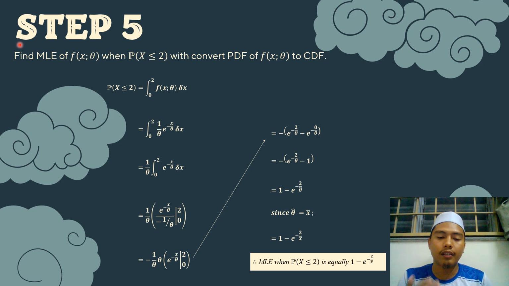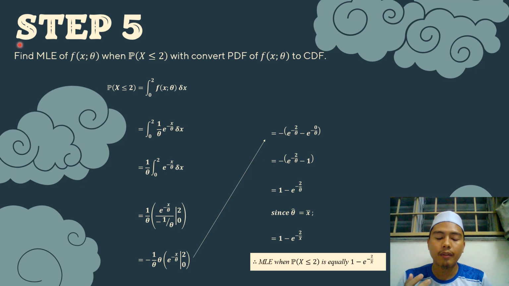After we integrate the function, we get negative 1 over theta times theta, bracket exponent power of negative x over theta.